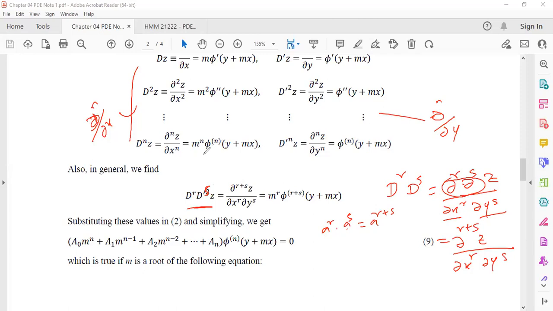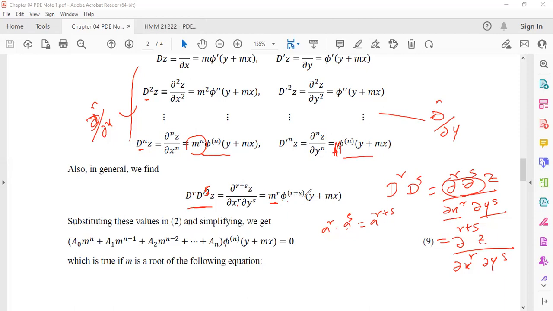So you can see something common. In the D terms, if it is D^n, we have m^n. So ∂^r over ∂x^r, in that sense, we have m^r. But for D' of n, we don't have m or anything, only a constant one, so we don't have it for that one.